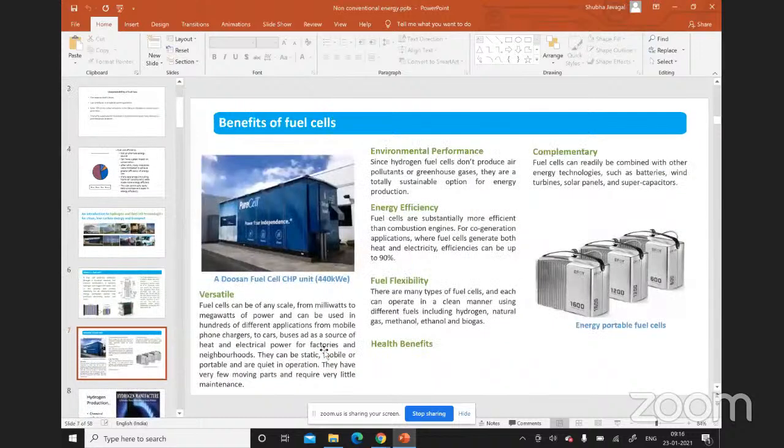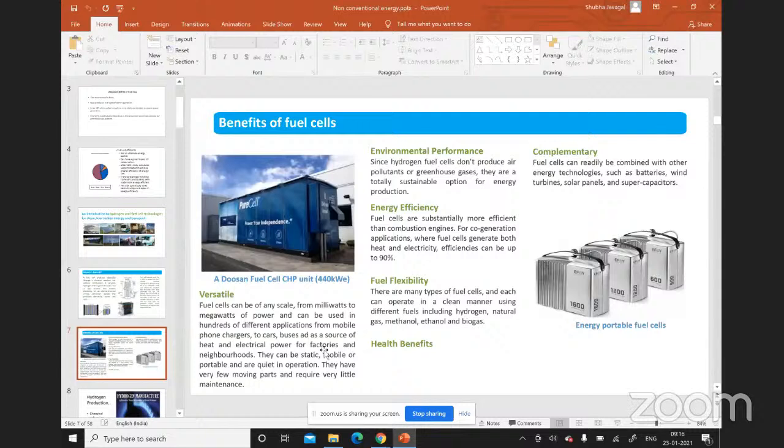The major benefit of fuel cells is that they are versatile. That is, the applications can vary from automobiles to your household appliances. And coming to the environmental perspective, it is very environmentally friendly because it is considered one of the green forms of energy, because there's literally no pollution during the manufacturing process, as well as the duration when it's being used.